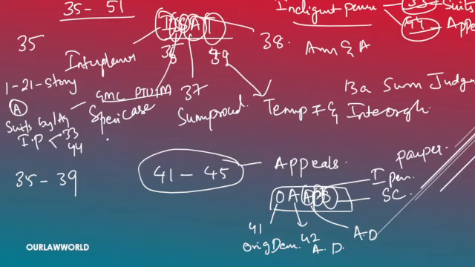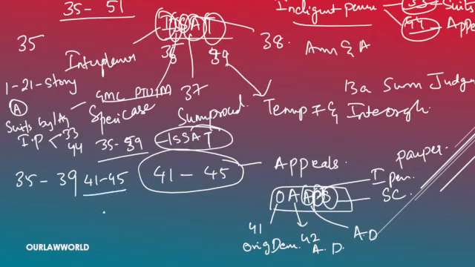And the next set of orders, 35 to 39, where we have given the ISAT exam. So remember this ISAT and remember the orders from 35 to 39. And the last one which we have given is 41 to 45. All this is for appeals. So remember apps. So this is the code.